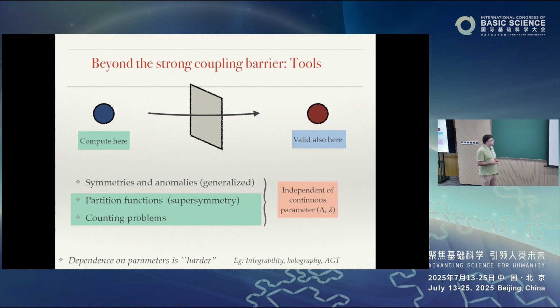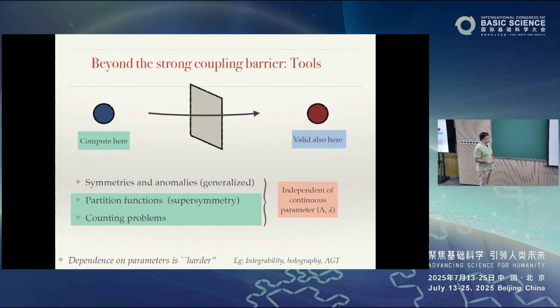So this sounds a little bit trivial. How can something which you compute, say at weak coupling, tell you something about strong coupling? But there are such computations, and we will discuss them. The point is that this computation needs to be simple, but not trivial. It needs to tell you something about the strong coupling regime.